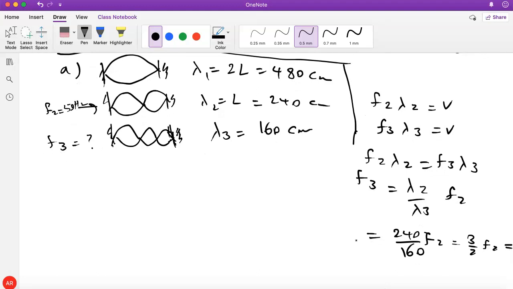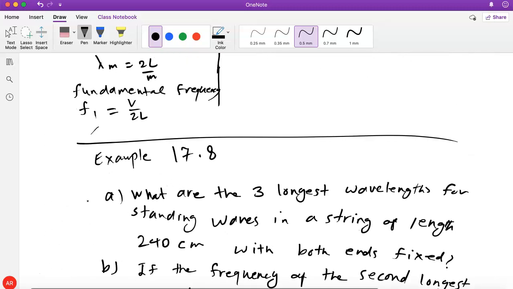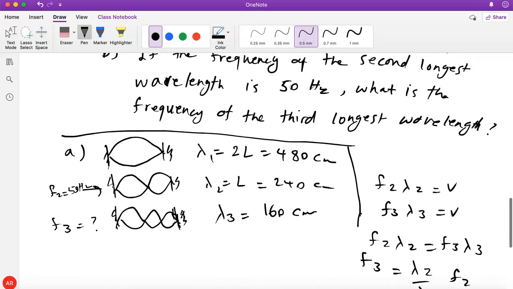You can also solve this a different way. You can just maybe solve for v, right? If you know f2 and you know lambda 2, you can multiply them, find v numerically, and then divide it by your lambda 3. Or one can also find it more directly using our equations. That's another way. So we know f_m in this case is m v over 2L, right?